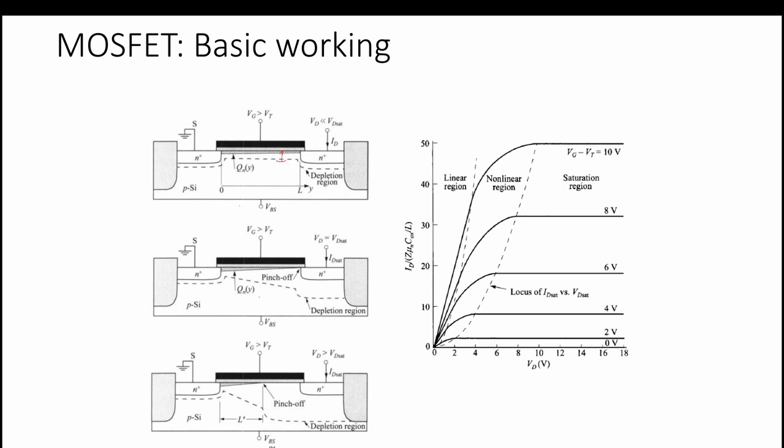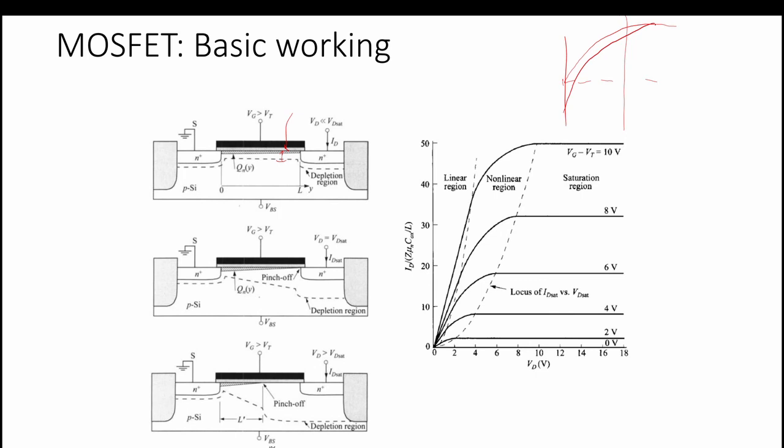As we go above the threshold voltage, there will be an inversion of the charge carriers. Inversion happens when the conduction band goes below the Fermi level, EF. Till here there will be a depletion region.